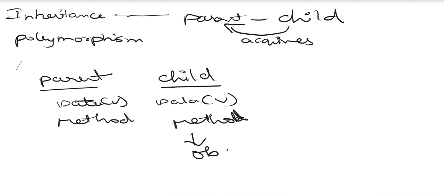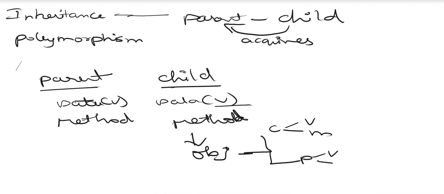If we create an object for the child, we can access the child class variables and methods, and also the parent class variables and methods. But if we create an object for the parent class, we cannot access the child class, because the child acquires the properties of the parent.